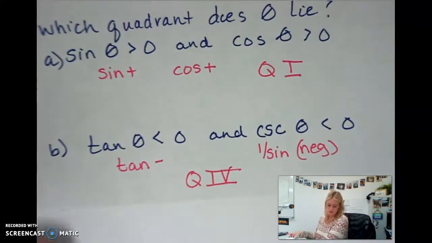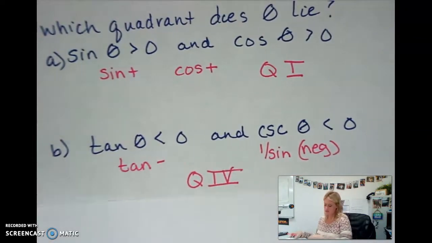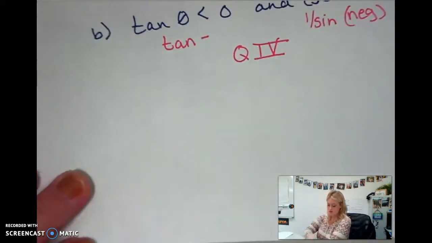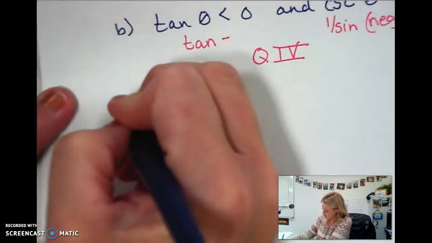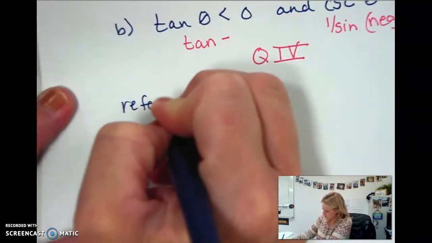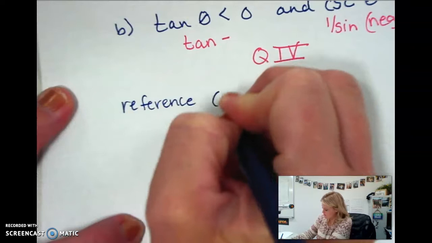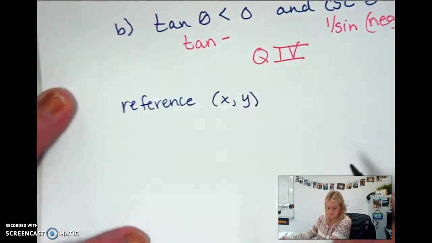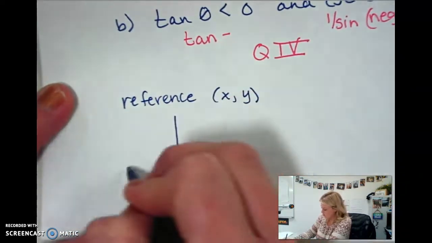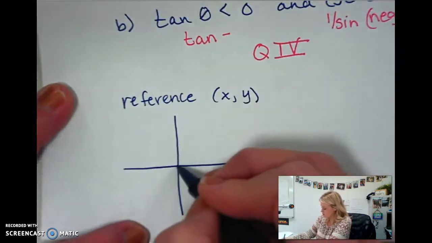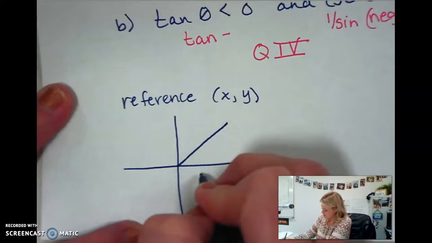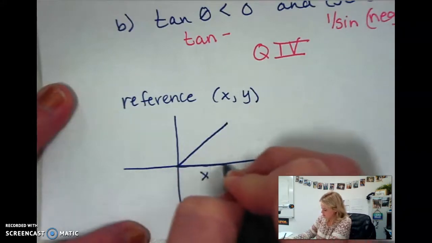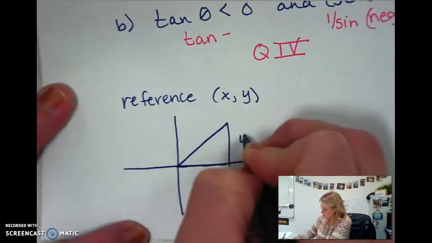How are we going to use this? Well, now we're going to talk about a reference triangle. A reference triangle is coming up with a triangle based off of the coordinates x and y. It always will come out of your origin for the radius or your hypotenuse, and this is your x value, and this is your y value.